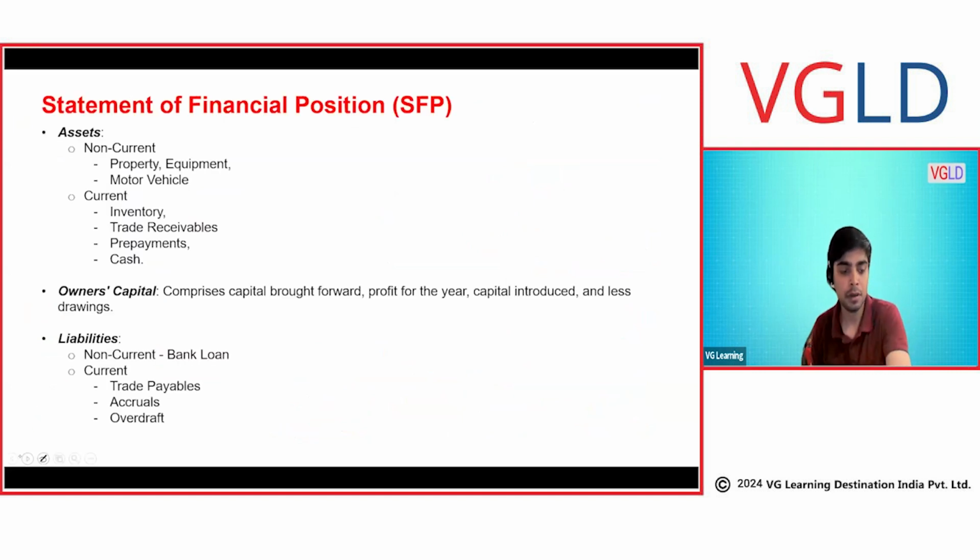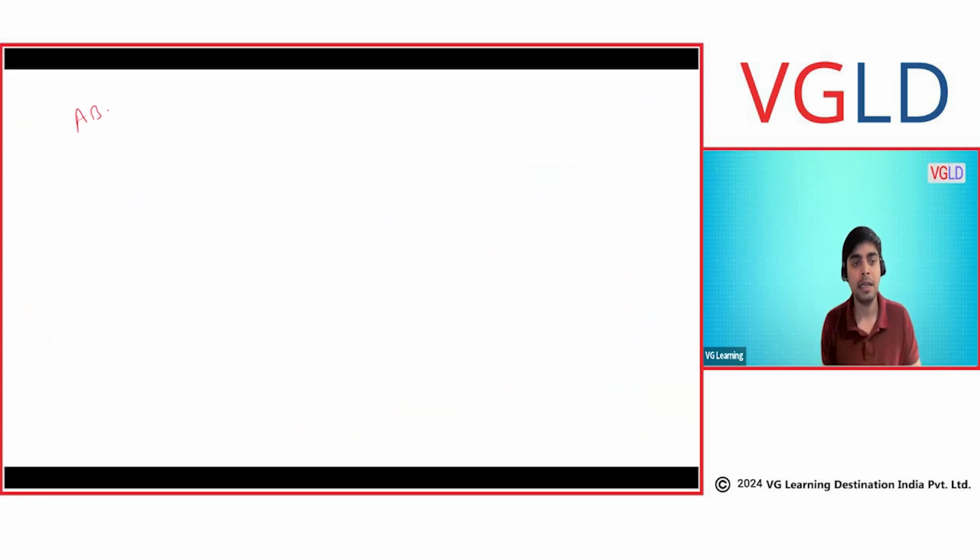First of all, whenever we are talking about a balance sheet, we have to draw a balance sheet as on a date. Let's say I am talking about ABC Limited, XYZ Limited, Harry Sole Trader, or A and B partnership.